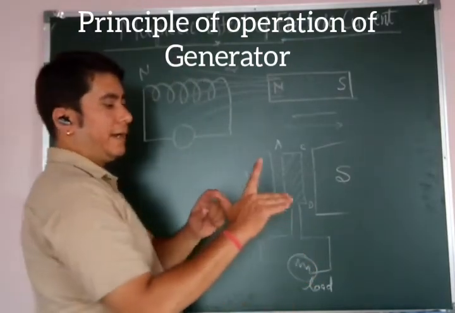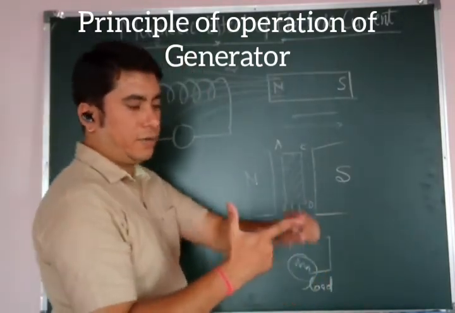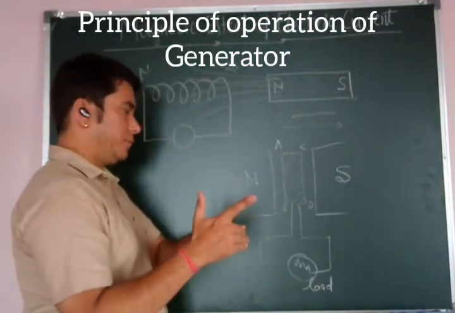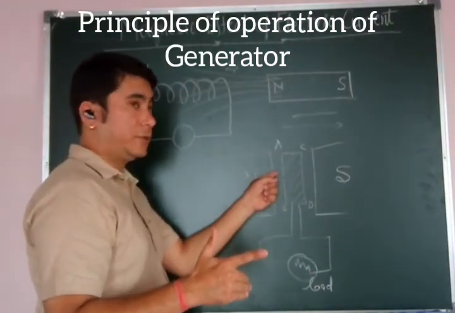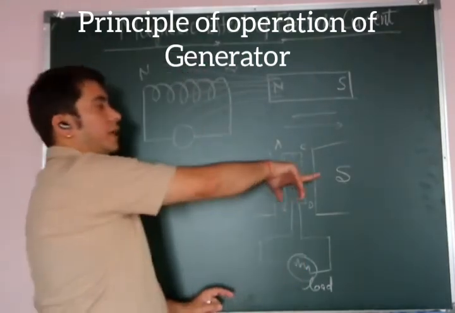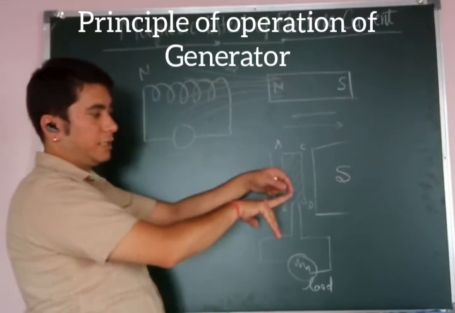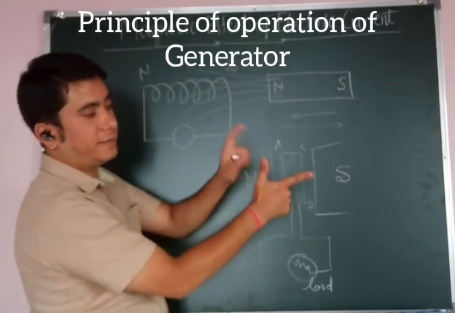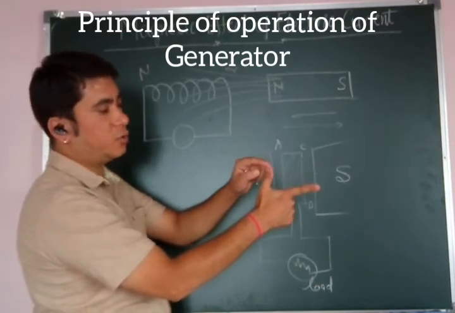So what is the right hand rule? This is the motion of the conductor, magnetic field, and this will be the direction of induced current. So what will be the direction of induced current in this wire? देखिए magnetic field कहाँ की ओर है? आगे की ओर, north to south. So this finger is towards the magnetic field. Okay, this thumb represents the motion of the conductor.